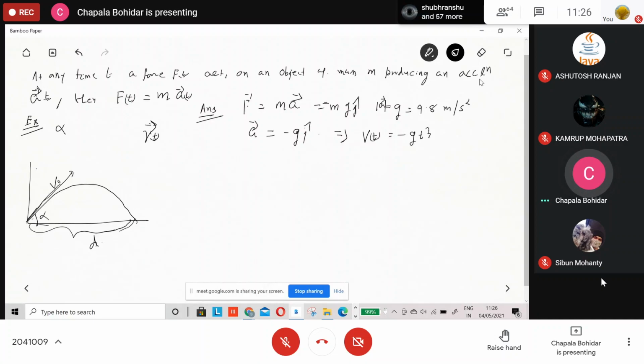You integrate this one, so we'll get minus g t j cap, then plus some constant, indefinite integral. Clear? This part is clear to you or not?